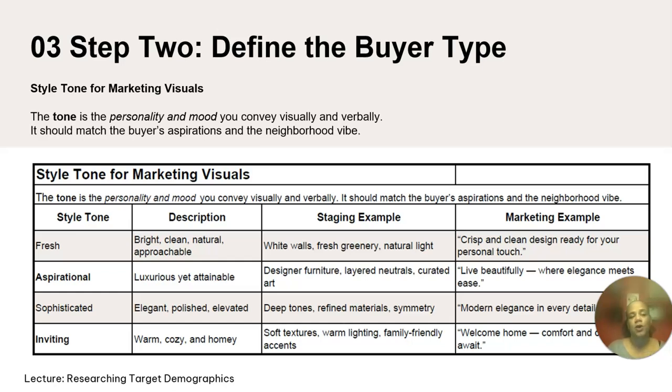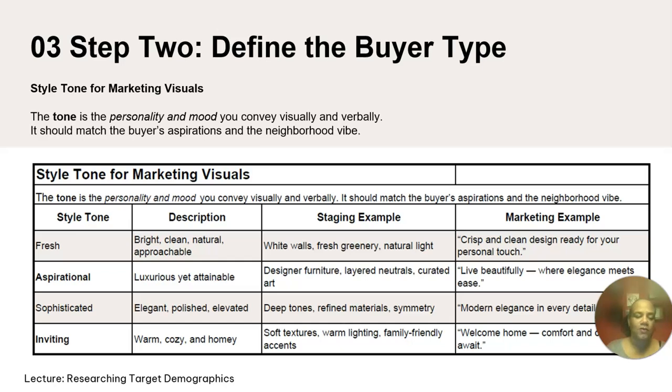So you're setting a tone for your marketing visuals that represents personality and mood, and you're conveying this visually and verbally. You also want to start to come up with little key phrases that describe your space.